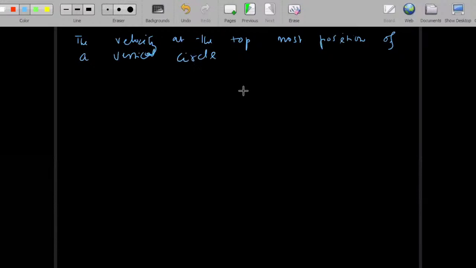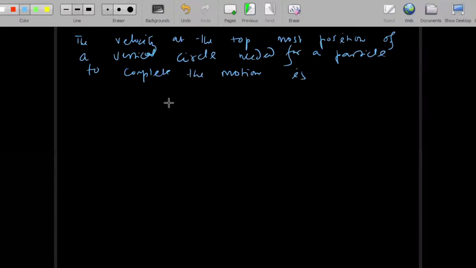The velocity at the topmost position of a vertical circle needed for a particle to complete the motion is: V top must be greater than or equal to root under gL.